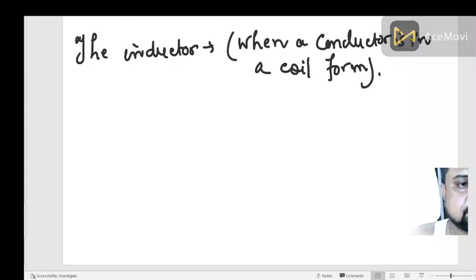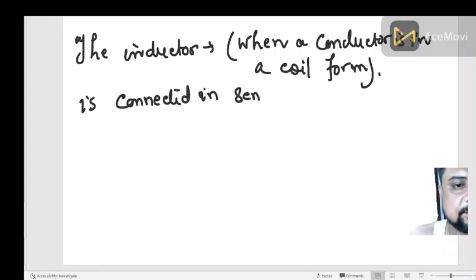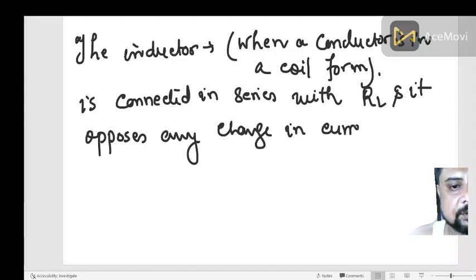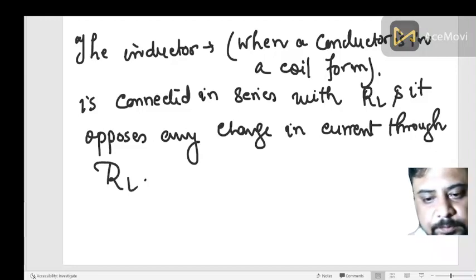I will tell you in details regarding this. The inductor is connected in series with the load resistance, and it opposes any change in current through the load, current through RL.